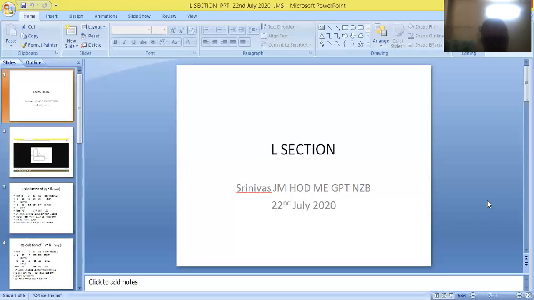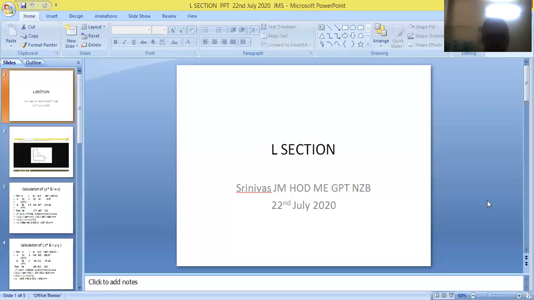One is X coordinate denoted by X bar, and the other one is Y coordinate denoted by Y bar. So friends, first of all we have to make the calculations of X bar and Y bar.